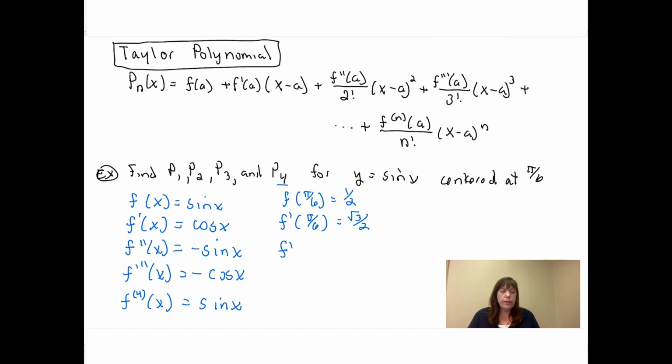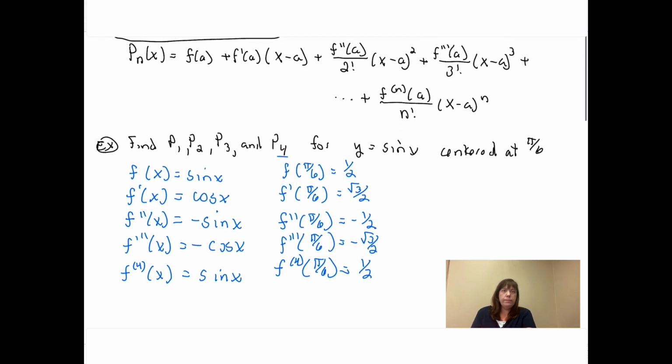The second derivative at pi over 6 is negative sine of pi over 6, and we already know that sine of pi over 6 is 1/2, so this is negative 1/2. Negative cosine of pi over 6 gives us negative square root of 3 over 2. And last but not least, the fourth derivative at pi over 6 gives us back 1/2.